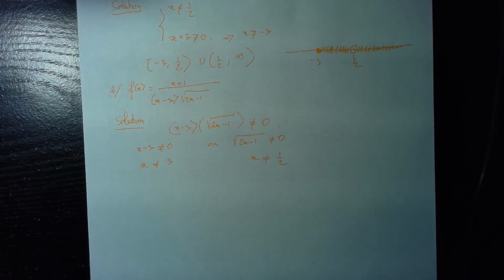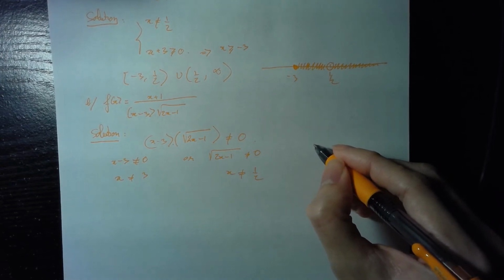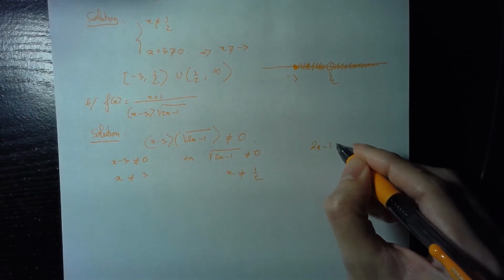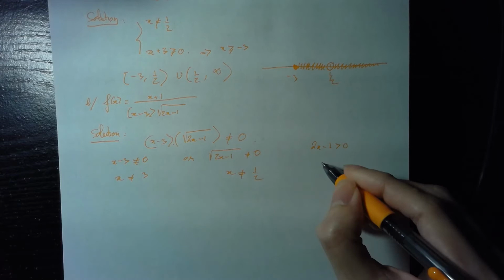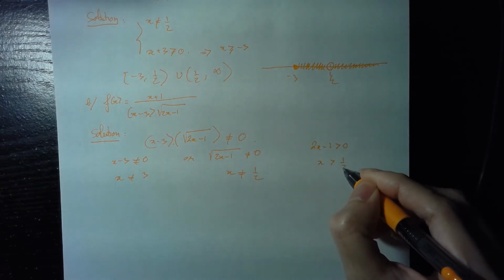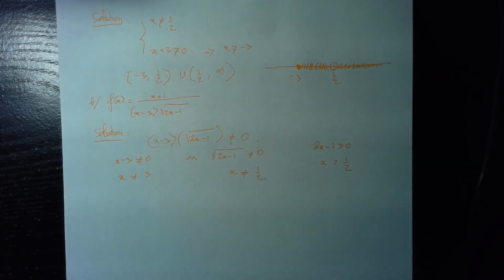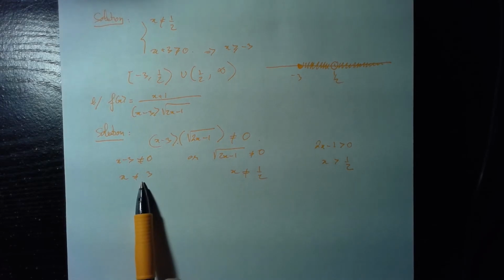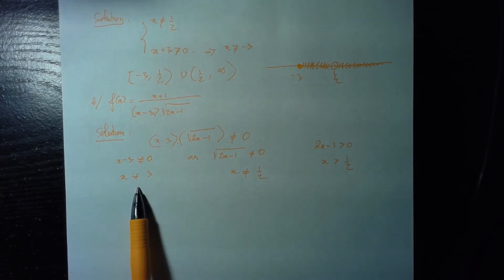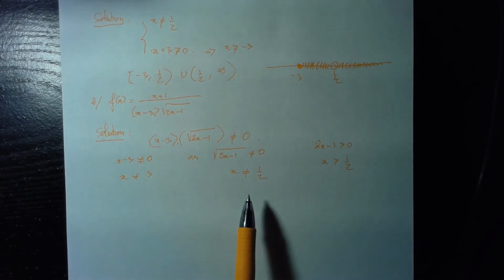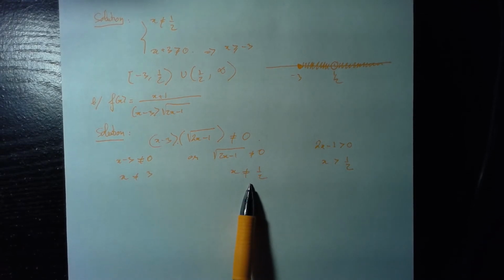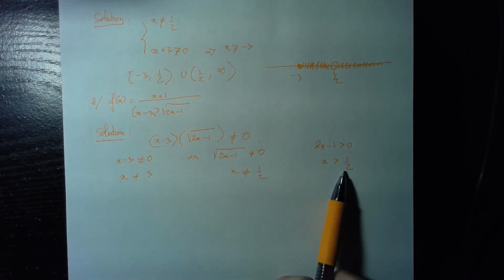So we also have to include 2x minus 1 greater than 0. So x must be greater than a half. Okay. So we want everything else except for 3, but we also have it greater than a half.